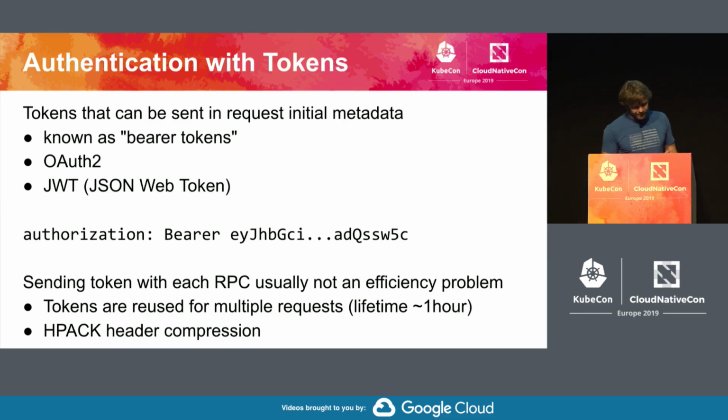But it turns out not to be a problem, because HTTP2 implements something called HPACK, a scheme for compression of the headers. So when you're sending the same authentication token over and over with calls, HPACK is going to compress that away, and you're just going to be sending a reference to your compression table.